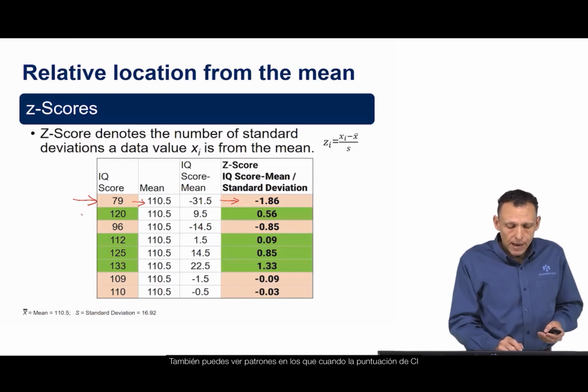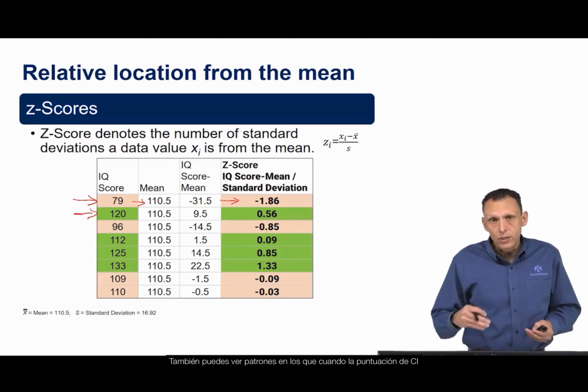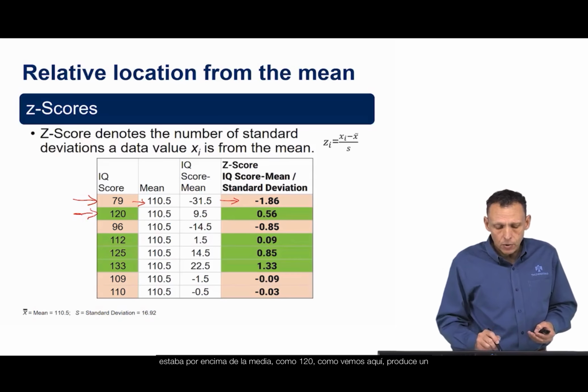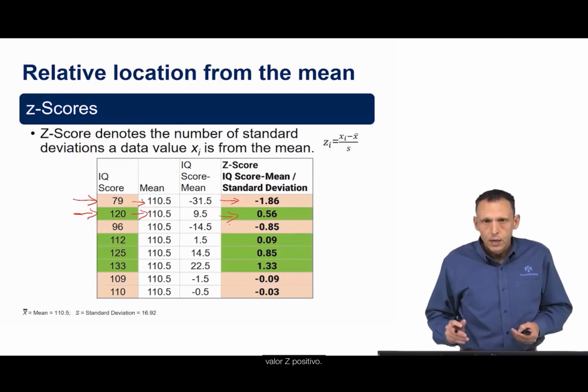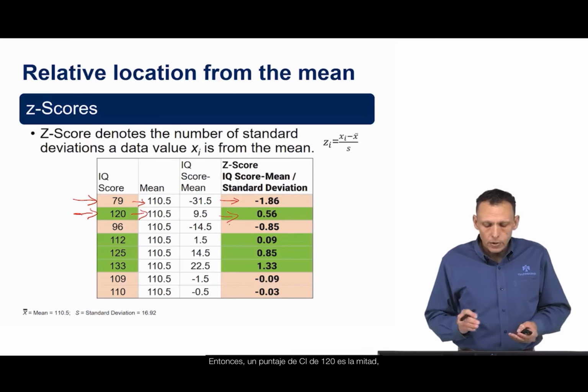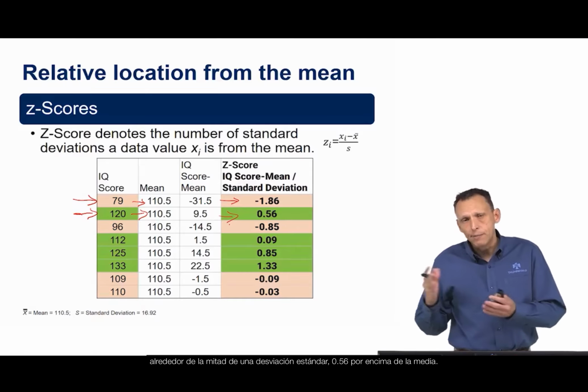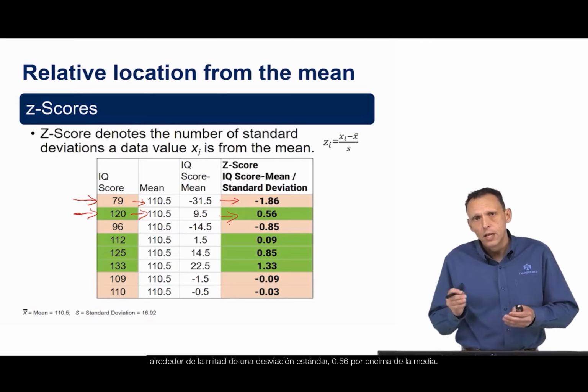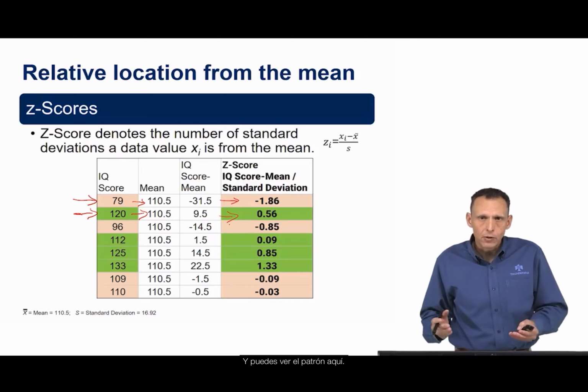You can also see the pattern that when the IQ score was above the mean, like 120, as we see here, it produces a positive z-score. So an IQ score of 120 is about half a standard deviation, 0.56, above the mean. And you can see the pattern here.